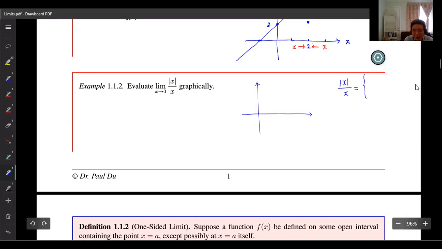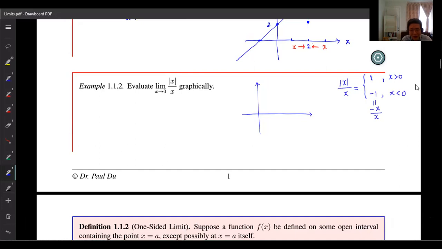If x is positive, we can drop the absolute value, so we get 1. If x is negative, if we drop the absolute value, we get -1, because the absolute value changes to negative x, so it's negative x over x, for x less than 0.